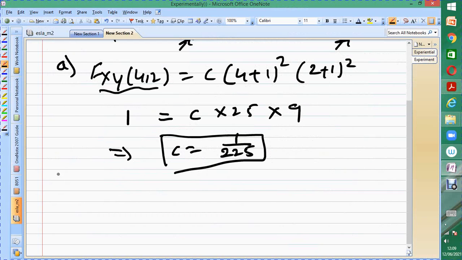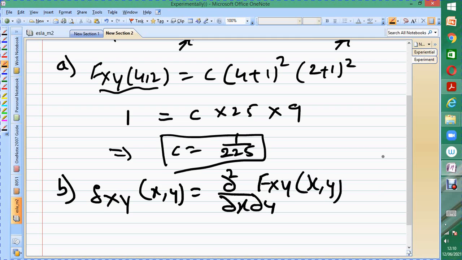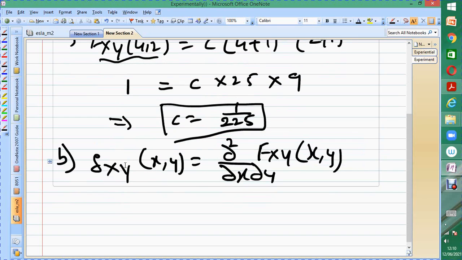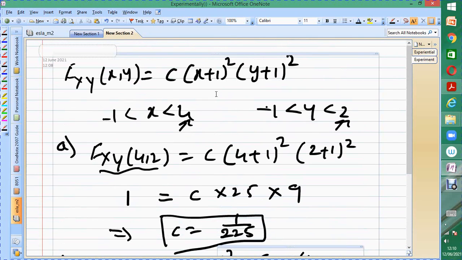In part B, we calculate the bivariate PDF, represented as small fxy(x, y), which is obtained by taking the double differentiation with respect to x and y of the given bivariate CDF Fxy(x, y). As you can see above, Fxy(x, y) is defined by c(x+1)²(y+1)².